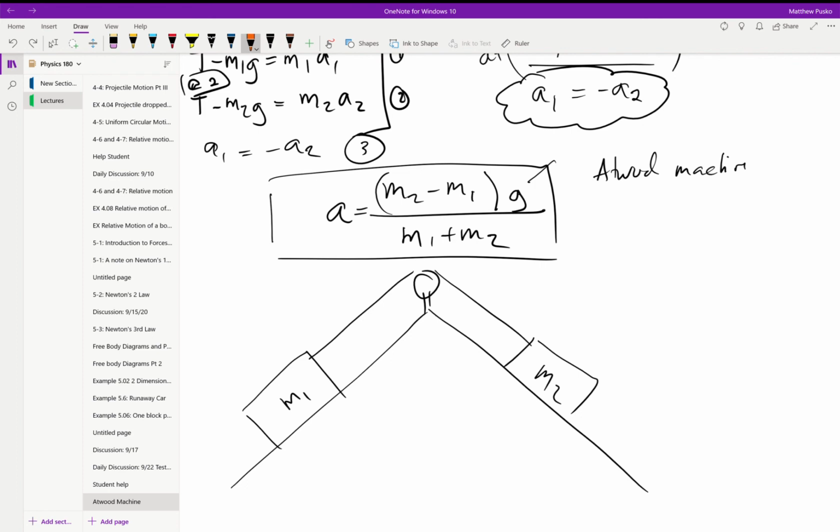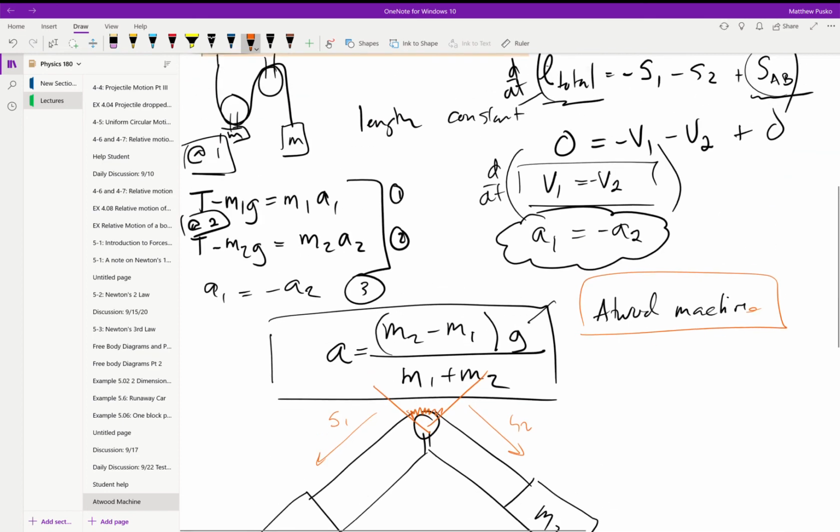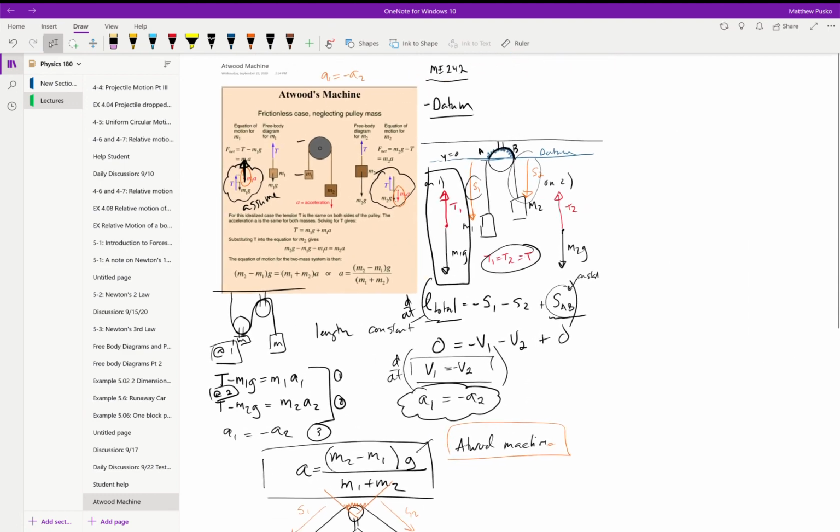Let's say my datum is here, and then we could ignore that constant value that goes over the top of the pulley, and then I would measure this as some S1 and this as some S2. The main use for this is for more difficult pulley configurations, but we can use that to get a good proper solution for the Atwood machine.